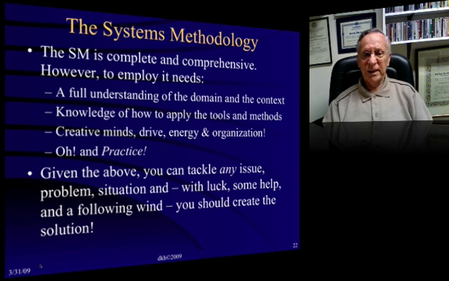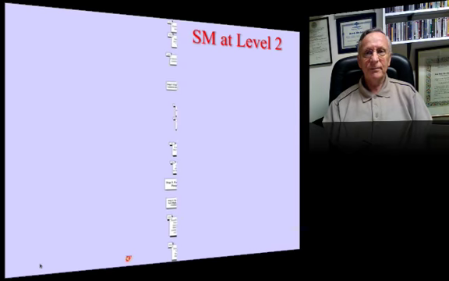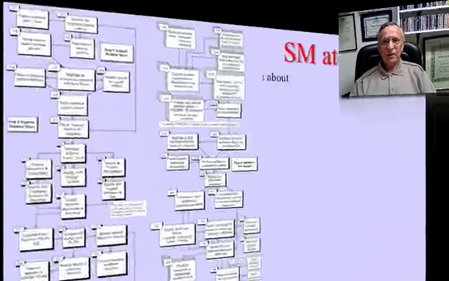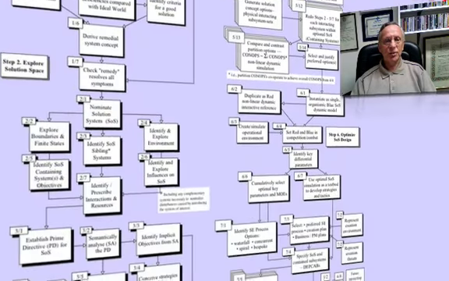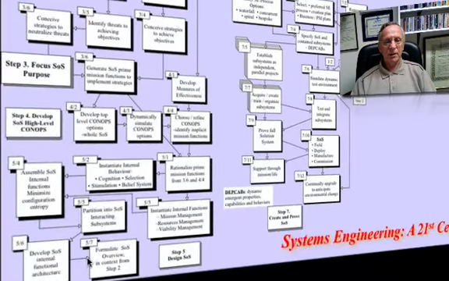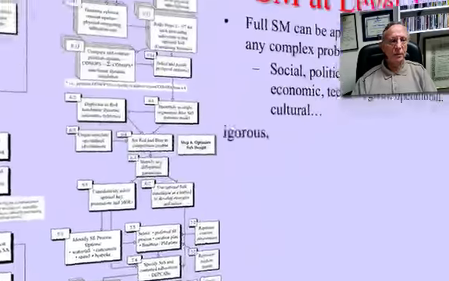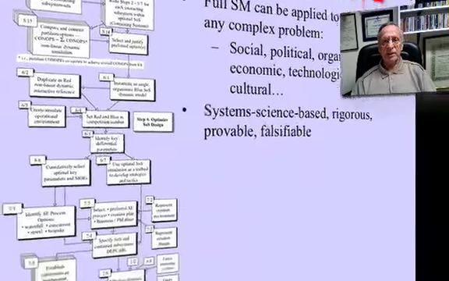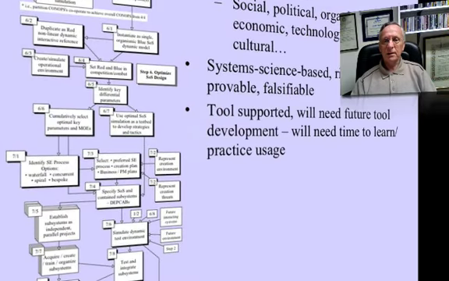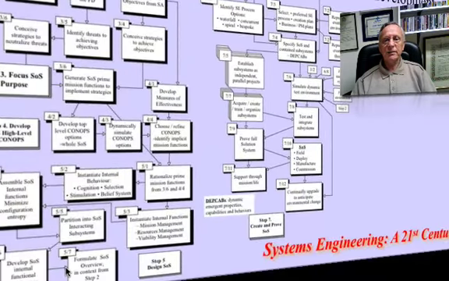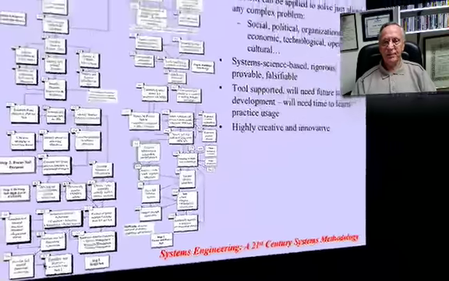Given the above, you can tackle any issue, problem, situation, and with luck, some help and a following wind, you should create the solution. Here you can see the systems methodology at level 2. This is as a series of activity boxes, all numbered so that we've got a way of managing the process as a sequential set of activities, steps, phases, whatever you like to call them.